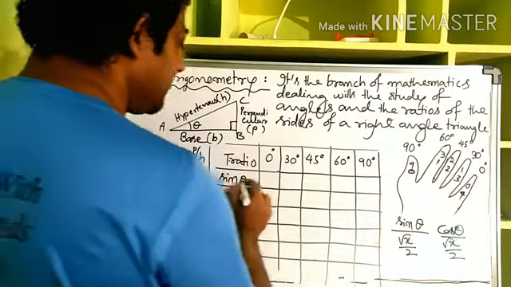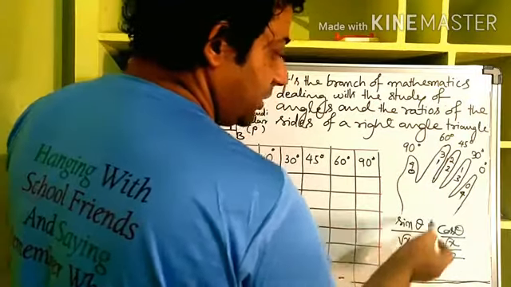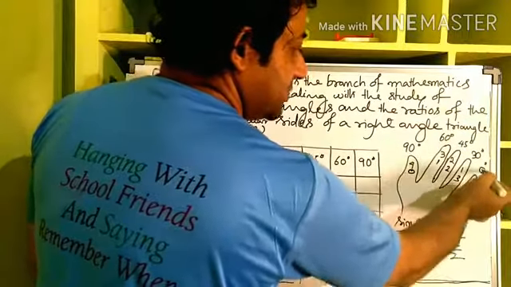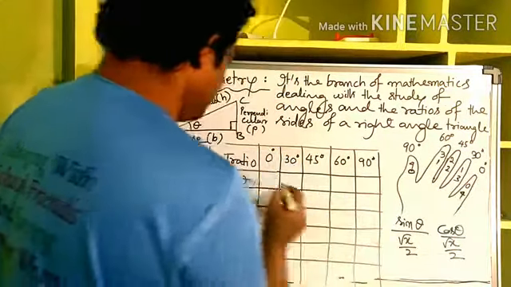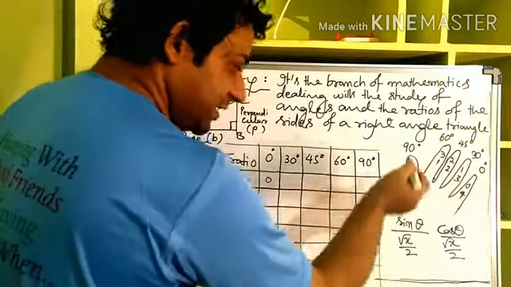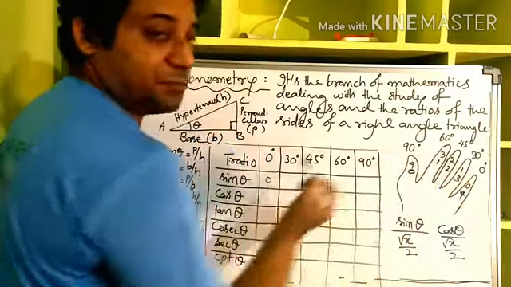Now what is sine 0? Put sine 0, root x by 2, but sine is in black color. So in black color the 0 is first, 0 by 2. So 0, right? What is sine 30? Now we are putting all the sines first so that you are looking only at the black colored numbers, right?